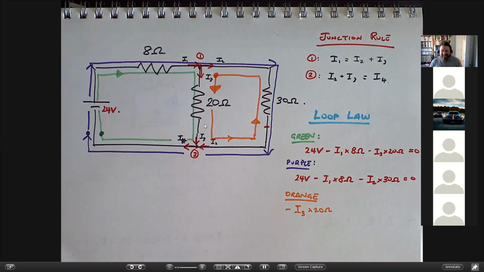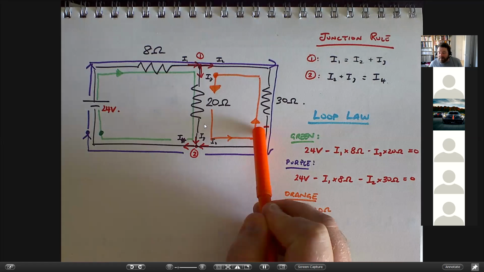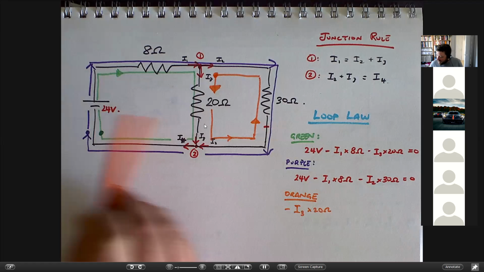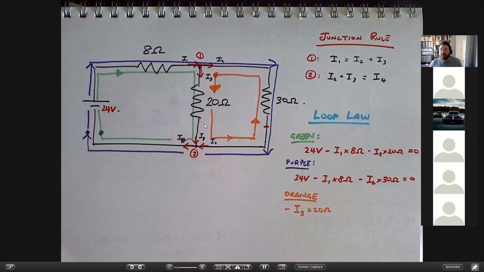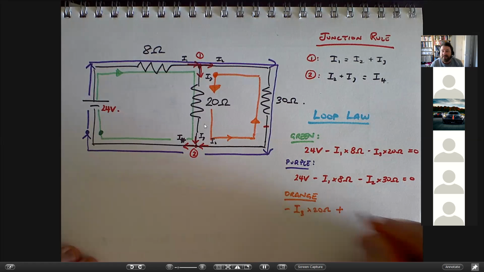The last thing we heard was we're going backwards over a resistor. Okay, that's good. We are going backwards across a resistor. We're starting off closer to the negative terminal, and we're going back towards the positive terminal. Because we're going from low voltage to high voltage, this one is going to count as a positive.